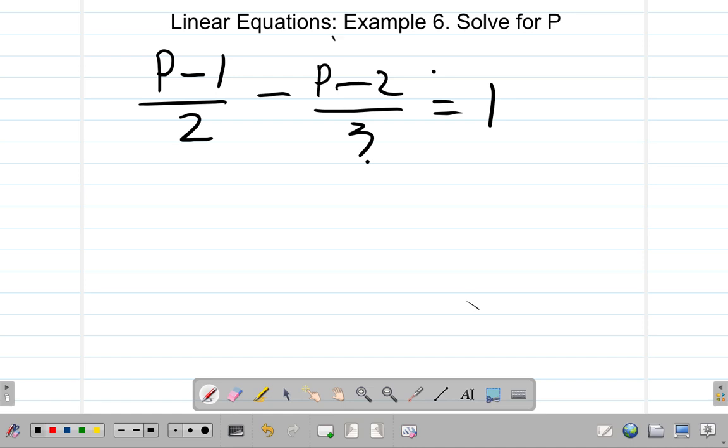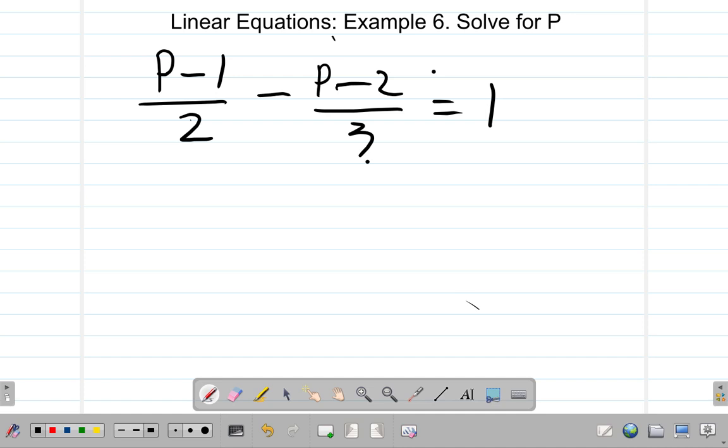Notice, if you multiply this by 2, you get rid of the 2, and if you multiply this by 3, you get rid of the 3. Or if you multiply this by 2, you'd have to multiply this by 2 as well, and you wouldn't cancel. You need to multiply everything by a certain number so that you get rid of the 2 and the 3.